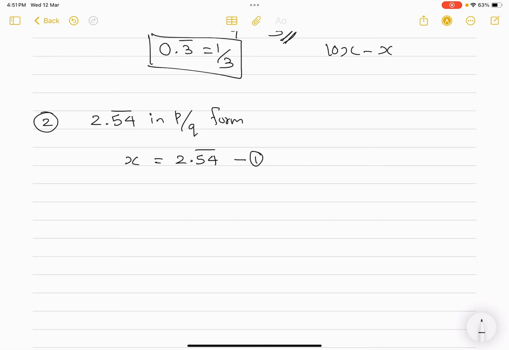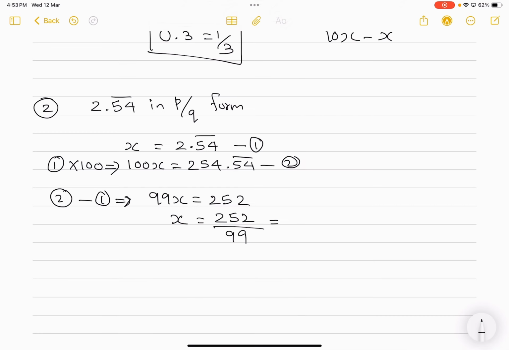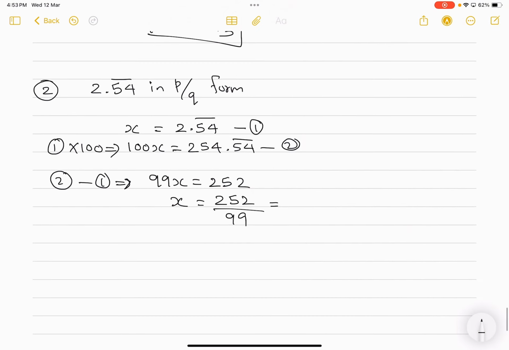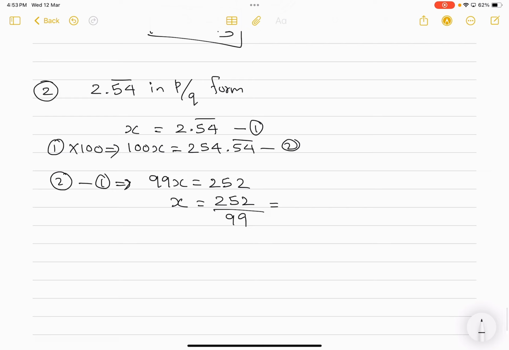Here it will come. Two nines are 18. What is remaining? 72. Yeah, 18 by 11. No, 9 table. 2 nines are 18. The remaining 7, 72, 8, so 28 by 11.